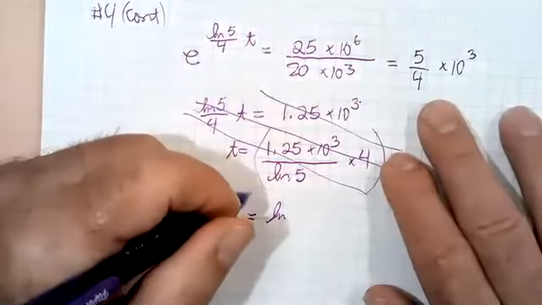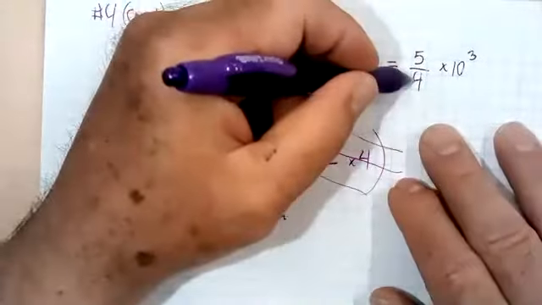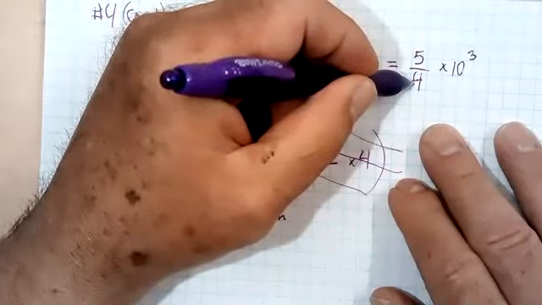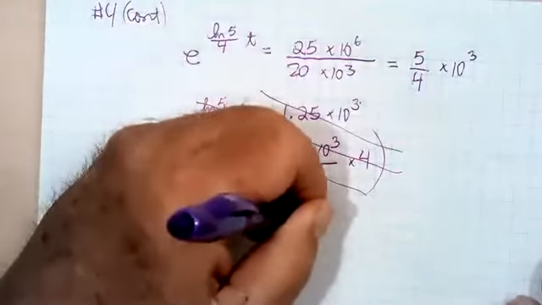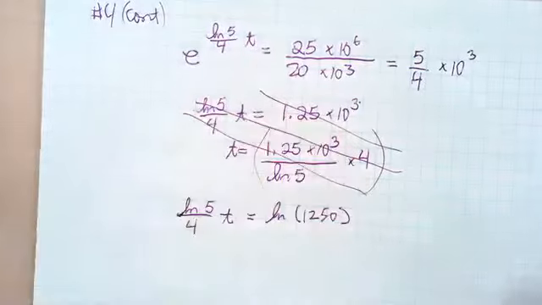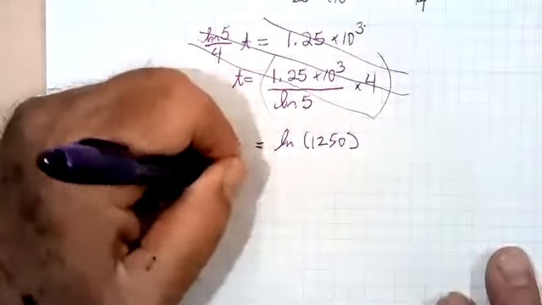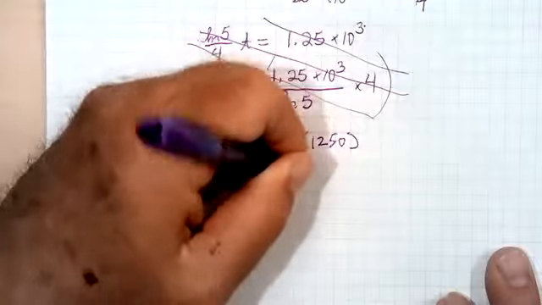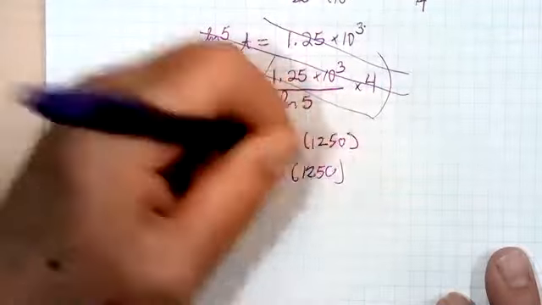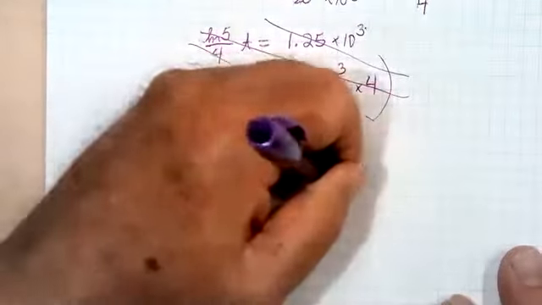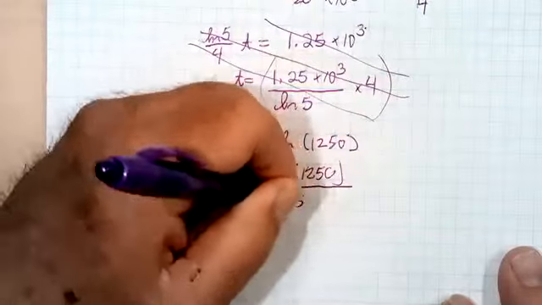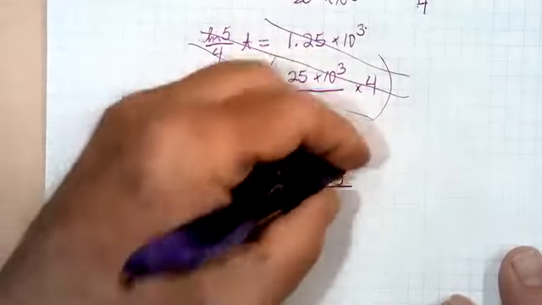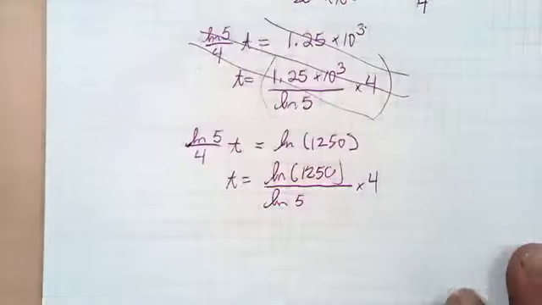And this is 1.25 times 1,000, 1,250. And then divide by log 5 and multiply by 4. And this should be more reasonable.